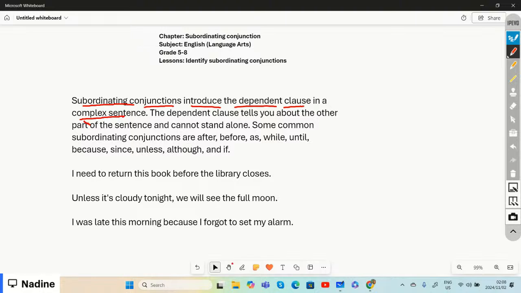So we said that a subordinating conjunction introduces a dependent clause within a complex sentence, and that is what I said earlier on, that within a complex sentence, we have an independent clause and a dependent clause. The dependent clause within that sentence tells you about the other part of the sentence, and it cannot stand on its own.